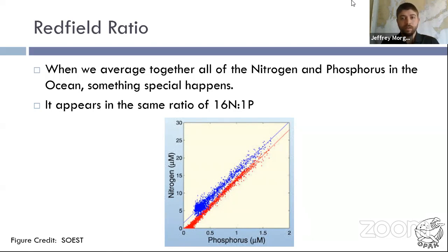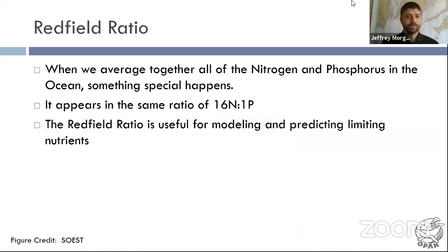And when I say limiting nutrients, I'm saying if you're a plankton that needs more nitrogen, then you might survive in certain habitats better than other habitats versus if you're more reliant on phosphorus, and understanding that there's an average can show us where we have higher levels of nitrogen and how that gets moved around in different parts of the ocean.